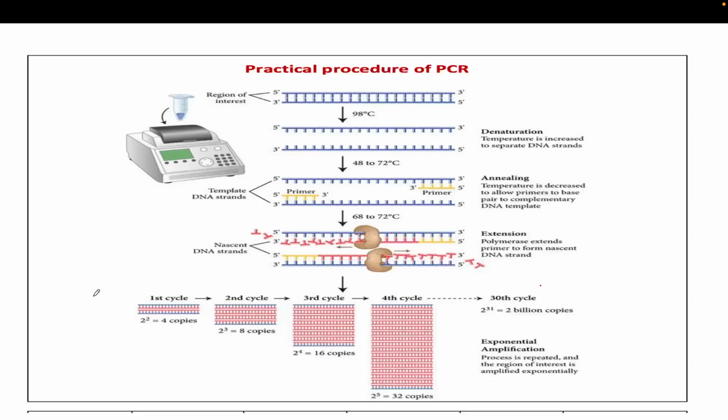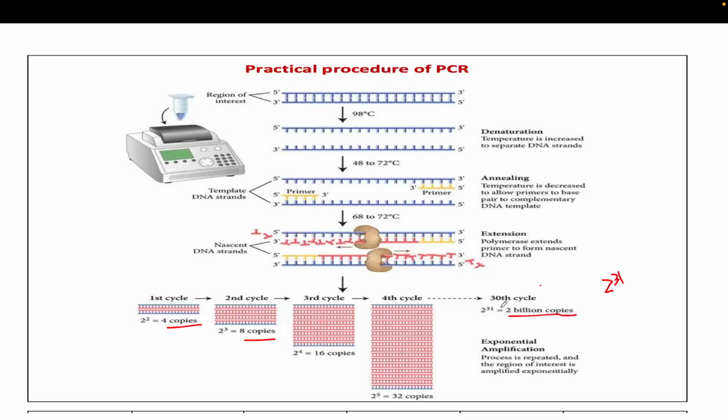So if you see here, in the first cycle there will be 4 copies, because it is 2 to the power 2. In the second cycle it is 2 to the power 3, so 8 copies will be generated. So if someone asks you how many DNA copies will be produced on the 30th cycle, it will be around 2 billion copies.